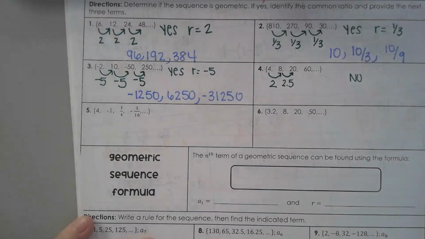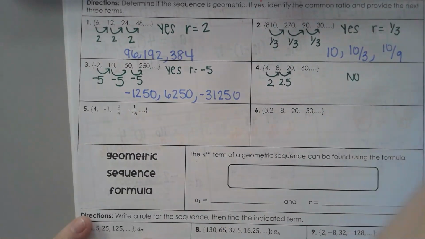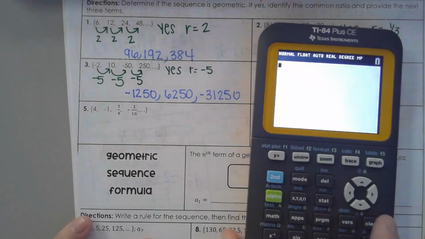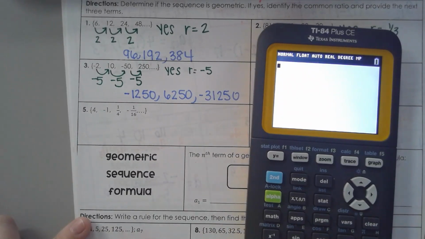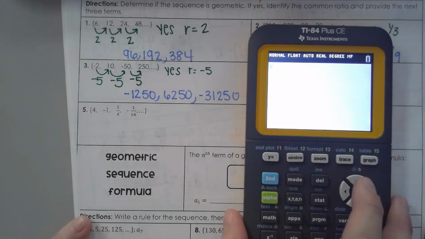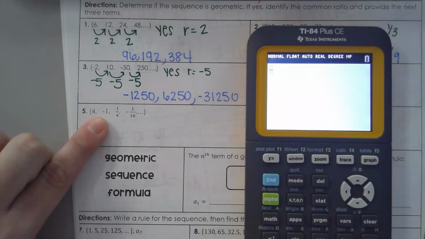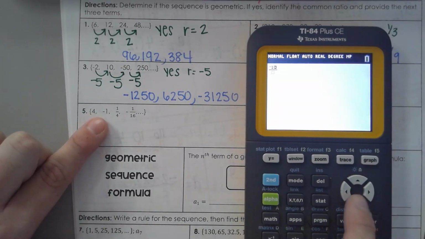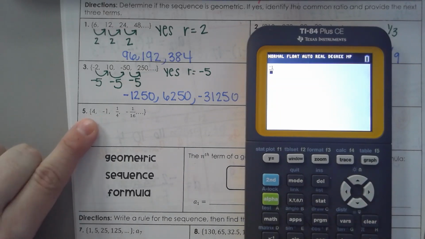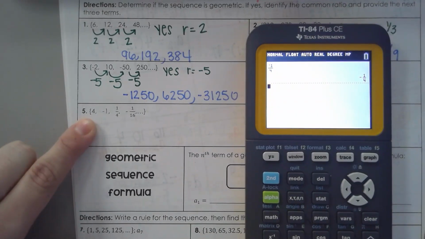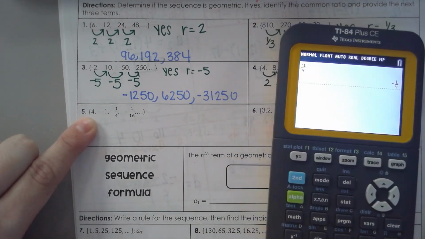Now this one, these numbers look a little weird. I'm going to think I probably need to go ahead and just use my calculator. So if I take any term, -1, over the one before, it would be 4. Yeah. So it's going to be -1/4.